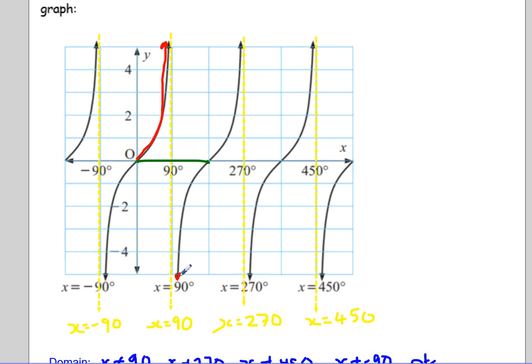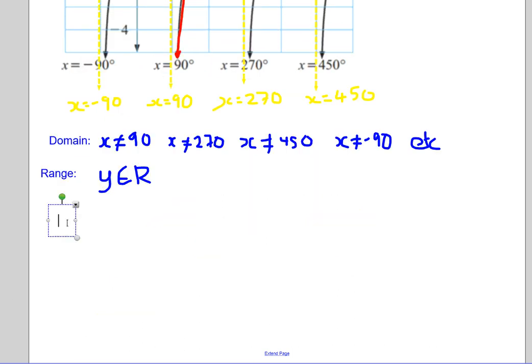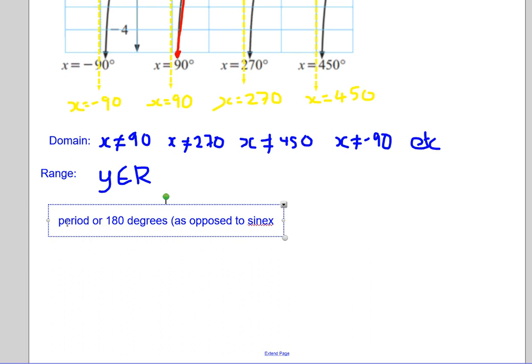So the period in this case is just 180 degrees, a bit different to the sine and cosine graph. Period of 180 degrees, as opposed to sine x and cos x with periods of 360 degrees. That's if B is 1.